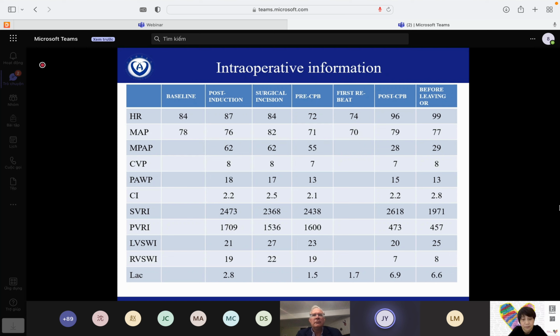Because the patient received 2 cross-clamps, the lactate value increased during the operation. However, we managed to reduce the lactate value before leaving the operating room. This chart mainly showed how we use Swan-Ganz to guide our fluid management and hemodynamics during the surgery.